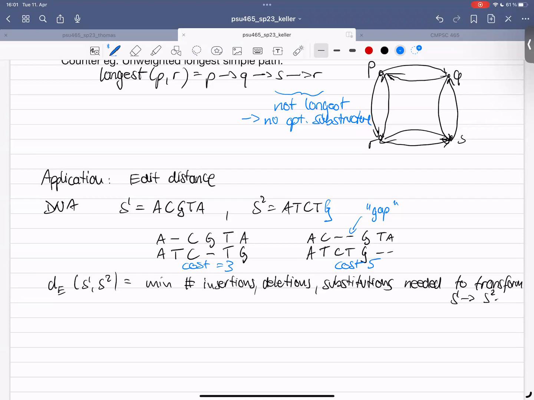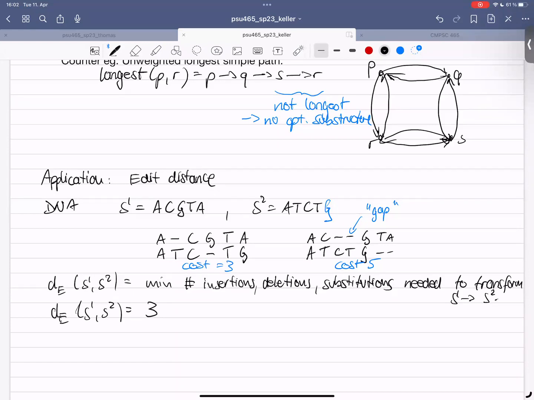And the edit distance between these 2 strings, S1 and S2, is equal to 3. Good. Any questions here? So this is how we define edit distance.